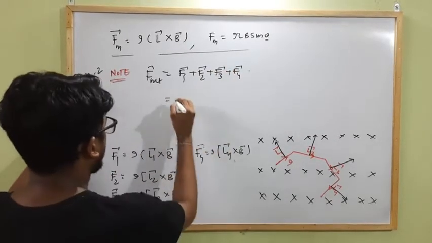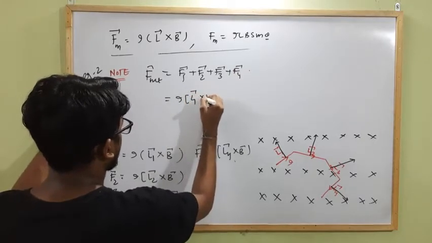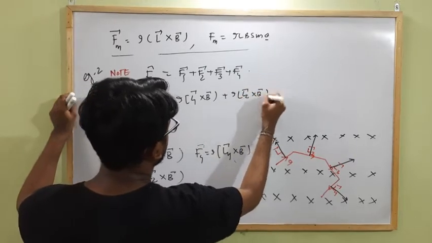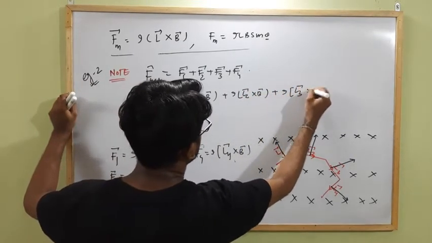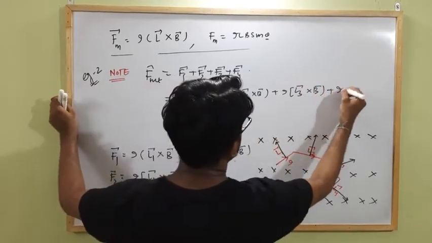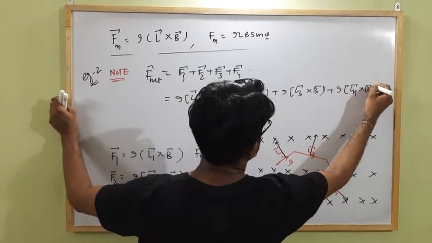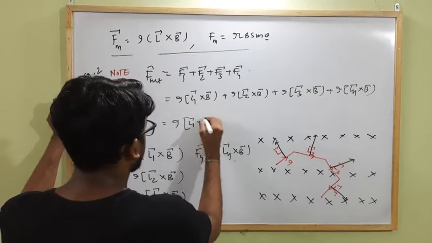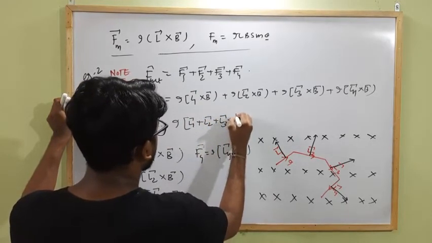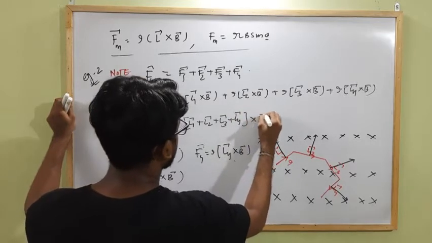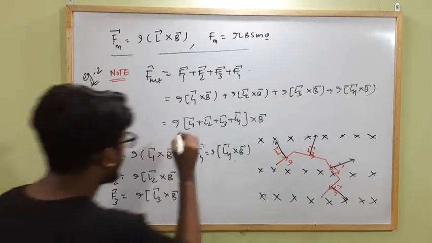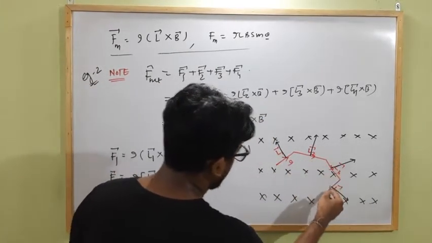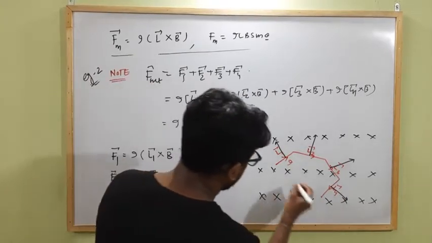This implies I, L1 vector cross B vector plus I, L2 vector cross B vector plus I, L3 vector cross B vector, and similarly I, L4 vector cross B vector. Taking common I and B, it will be L1 vector plus L2 vector plus L3 vector plus L4 vector cross B vector. Clear? And what is L1 vector plus L2 vector plus L3 vector plus L4 vector? It will represent this vector.